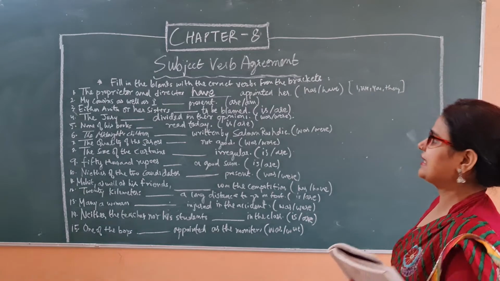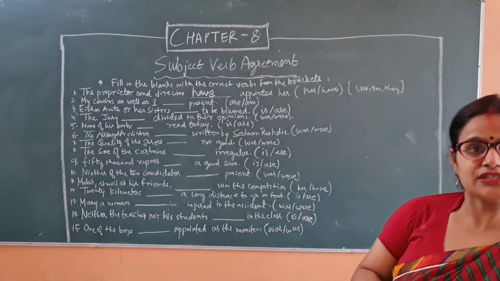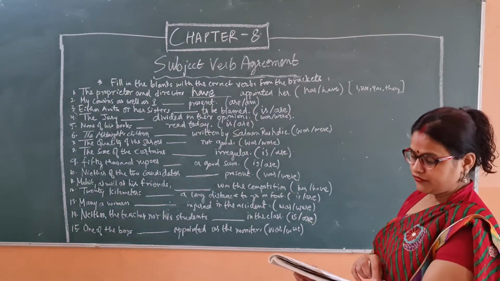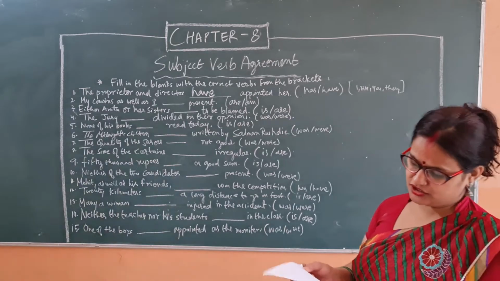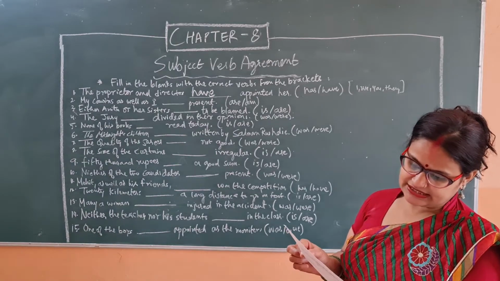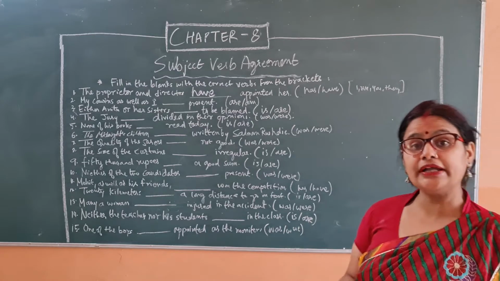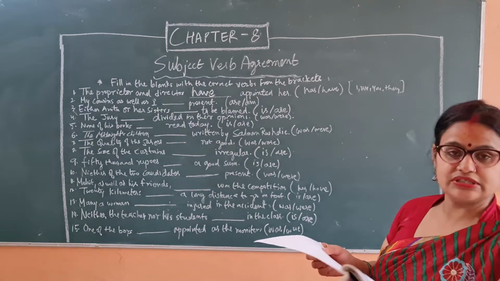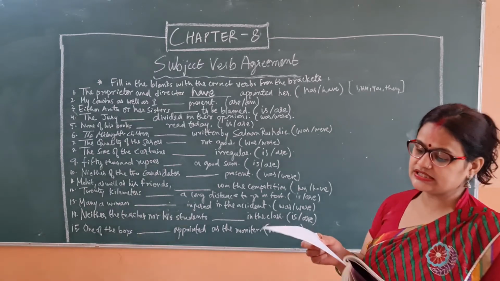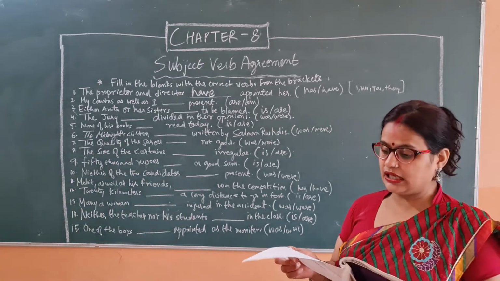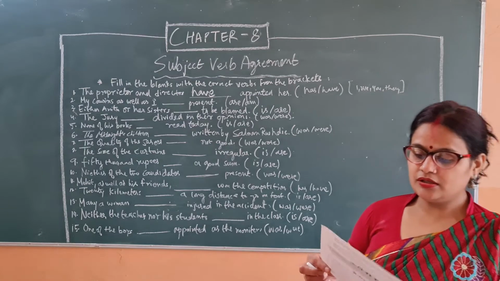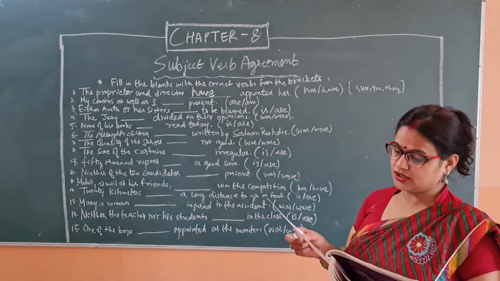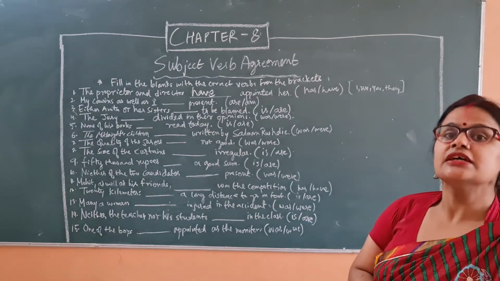Let's read out the second one. My cousins as well as I. Now if you check your book, come to page number 63. It is clearly written in point number 8. I repeat, point number 8, if you see: when a singular noun is connected to a second noun by with or as well as, the verb must be singular.